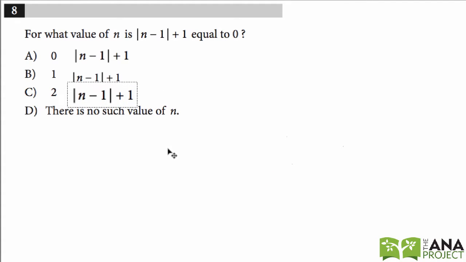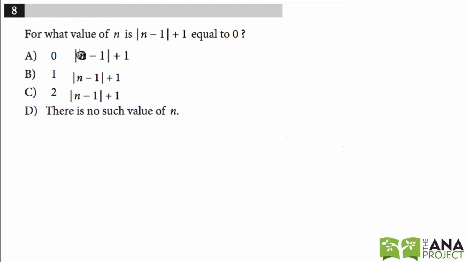All right, let's make this a little bit smaller. So we can actually just use the answer choices and put the answer choices in for n to see which one equals 0. So instead of n for here, let's just put 0 in.